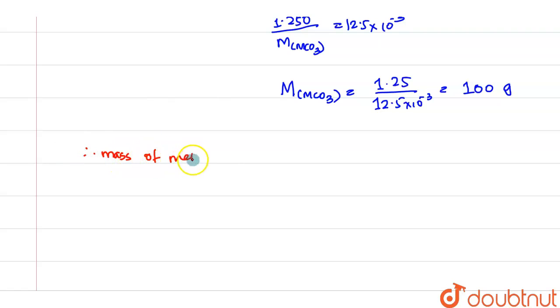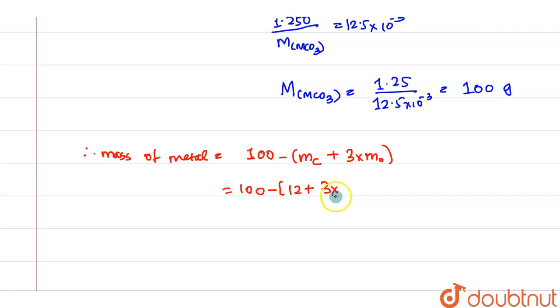Therefore the mass of metal is equal to 100 minus the mass of carbon plus 3 into the mass of oxygen. So it will be 100 minus, mass of carbon is 12 plus 3 into mass of oxygen, which is 60. So we get 100 minus 60, which is equal to 40.